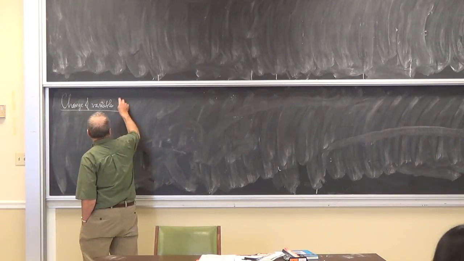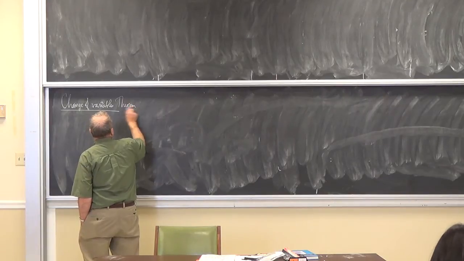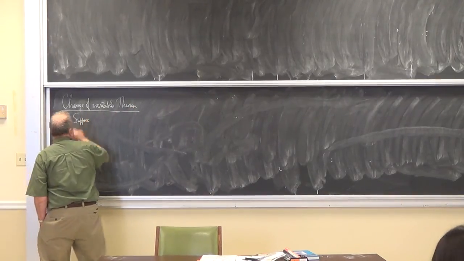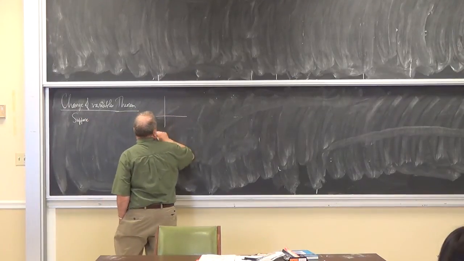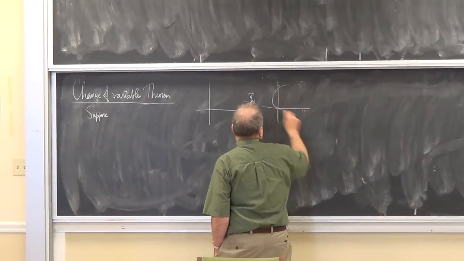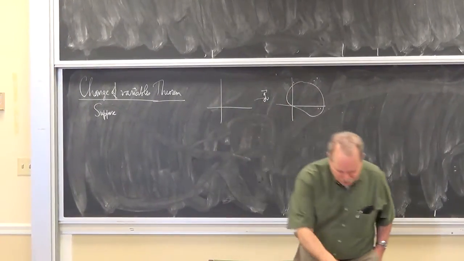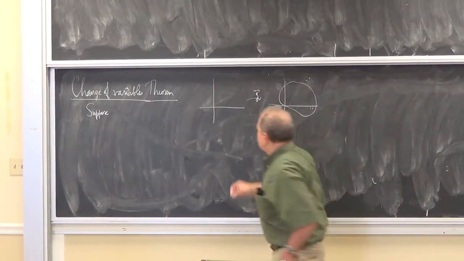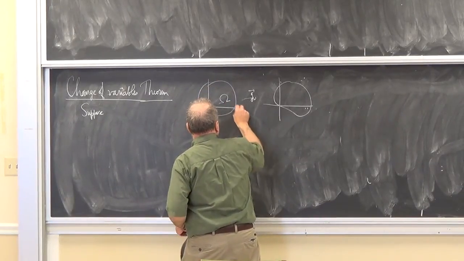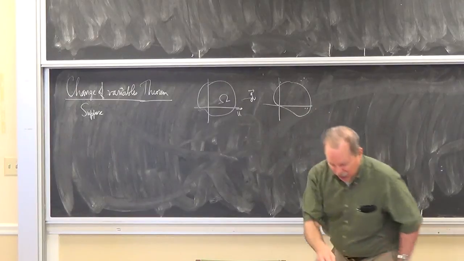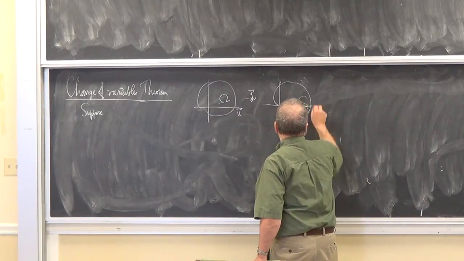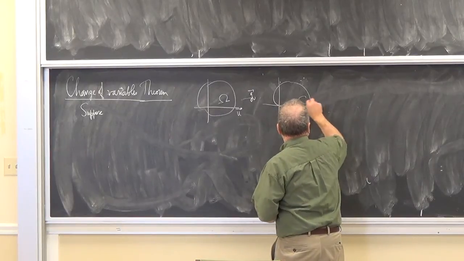So I remind you that the theorem says the following. Suppose we have this picture, where we have our change of variables function g. You've got some region omega in U space, and it's mapping to some region we're calling S in X space.